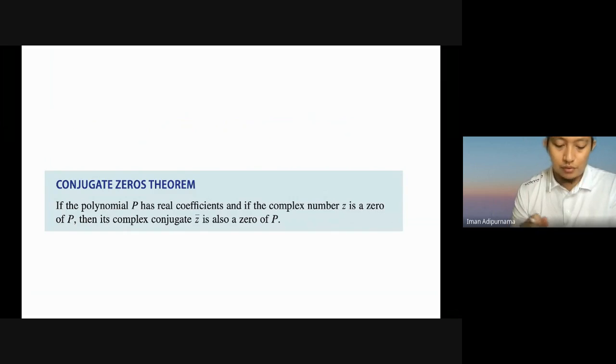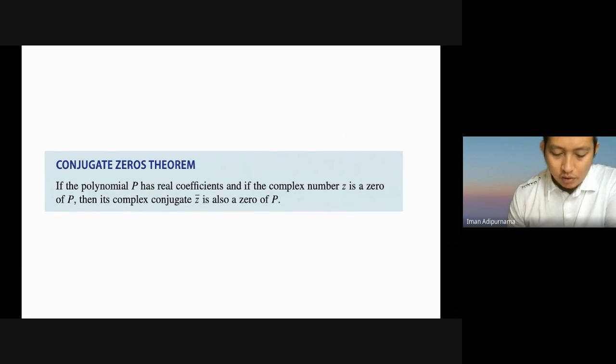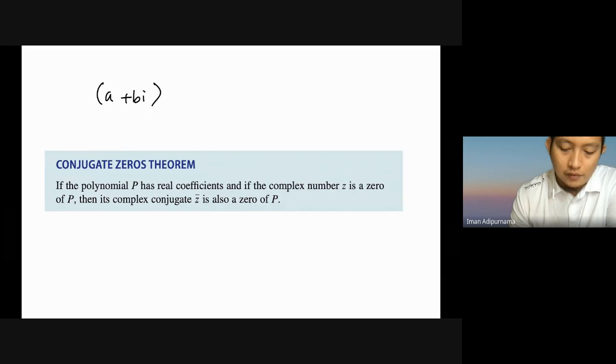Let's just go to the conjugate zeros theorem. If the polynomial p has real coefficients, and if the complex number z is a zero of p, then its complex conjugate is also a zero of p. So usually whenever you have a plus bi, let me just write it completely here.